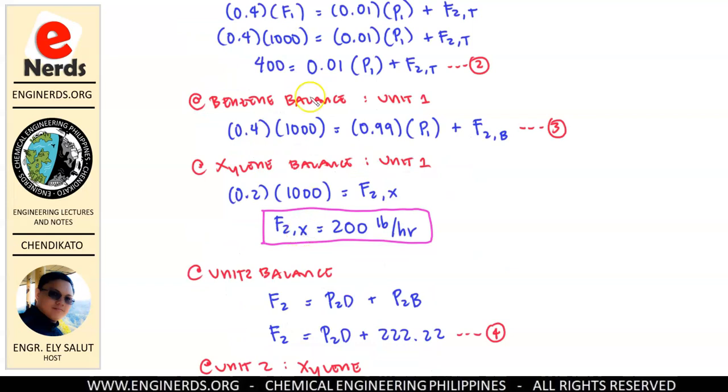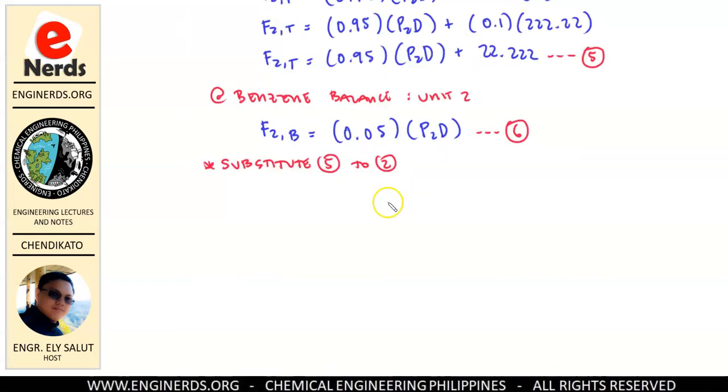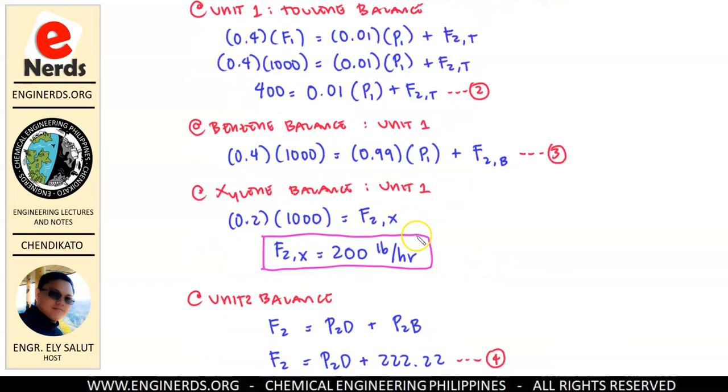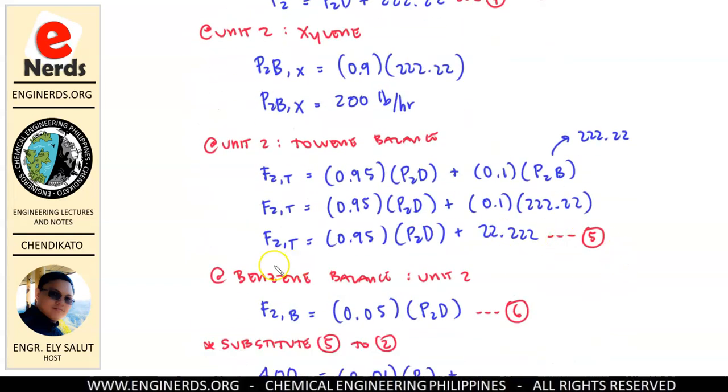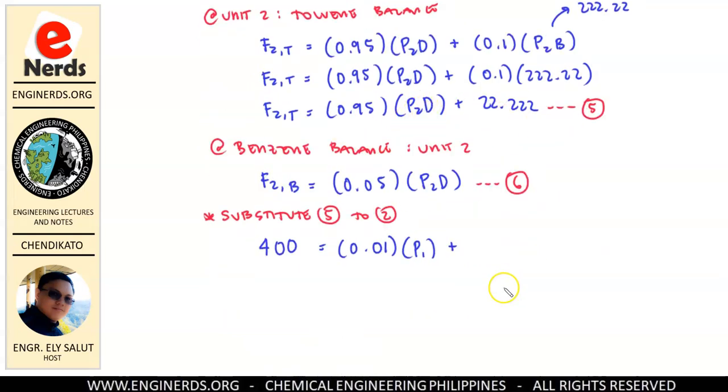Okay, so we have 400 is equal to 0.01 times P1. Then plus we have F2T. Then we're going to substitute itong nasa equation 5. F2T is equal to 0.95 times P2D plus 22.222.